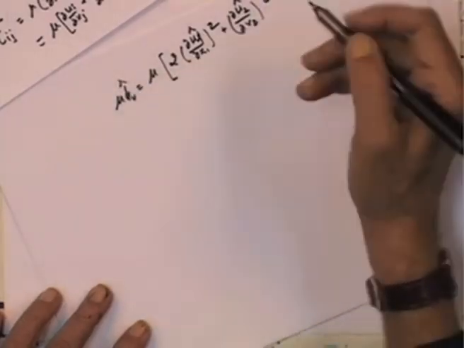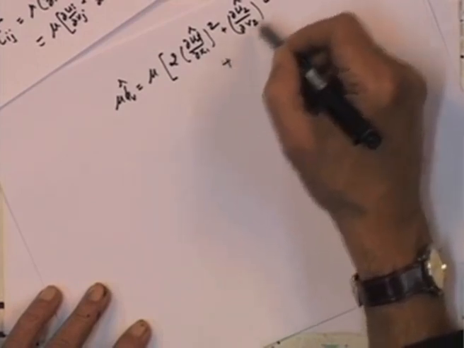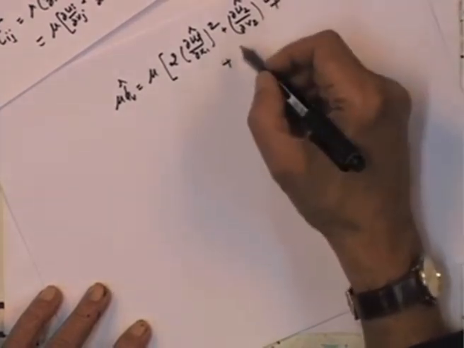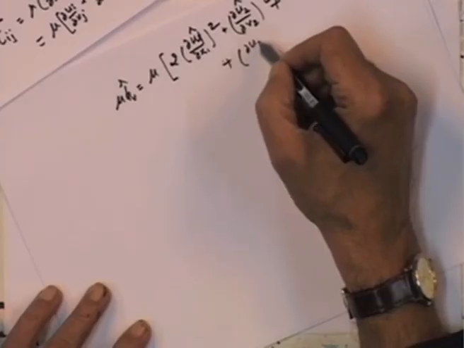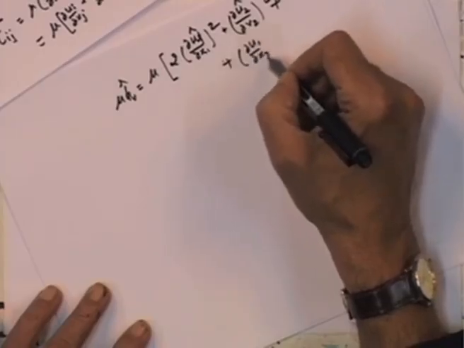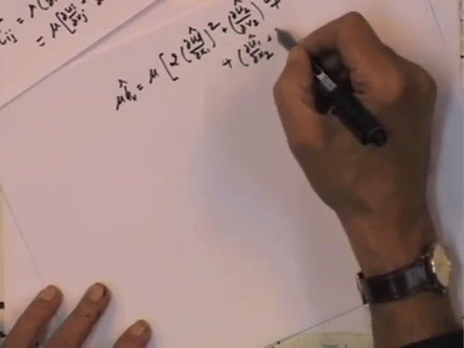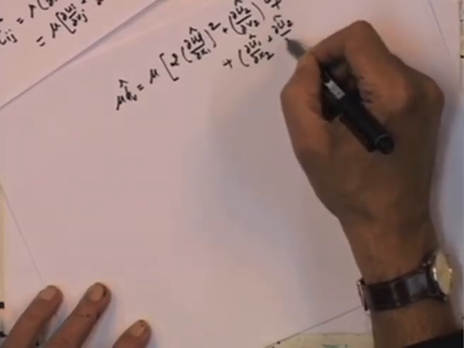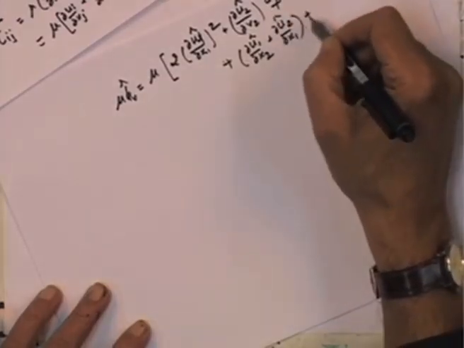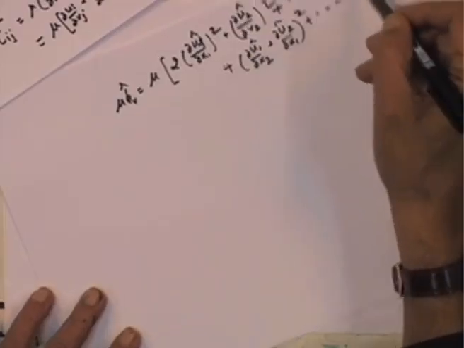This is the instantaneous value I am writing, plus and likewise in the third direction, plus (du1 by dx2 plus du2 by dx1) squared, and so on and so forth.